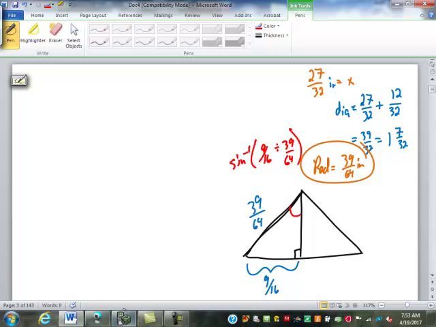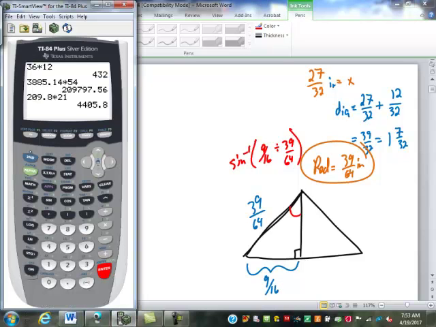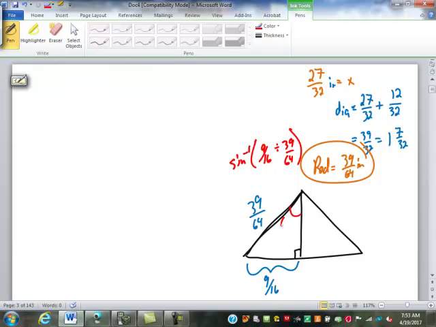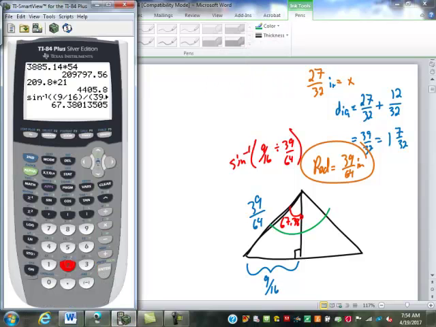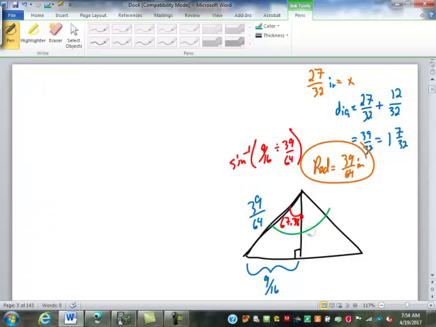Yes, sine inverse of 9/16 divided by 39/64. So I'm going to have to do some extra parentheses here. So I'll put my 9/16 in parentheses, divided by, and then in parentheses I'll put in my 39/64. That's 67.38 degrees. And I'm going to multiply it by 2 to get the whole angle. That is 134.76 degrees.